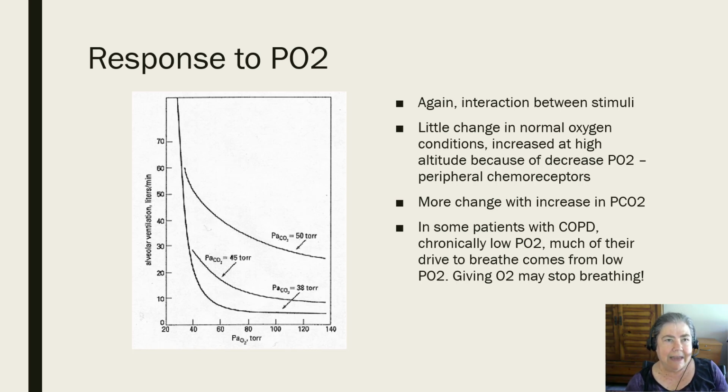Well, a savvy provider, paramedic, EMT, PA, doctor, nurse practitioner, knows that in these folks, supplemental oxygen has to be controlled. You can't just put on a face mask at 100% because if you do, they simply quit breathing. So we give these folks just a little oxygen, maybe 2 liters, enough to bump up their oxygen saturation by a little bit without knocking back their drive to breathe.